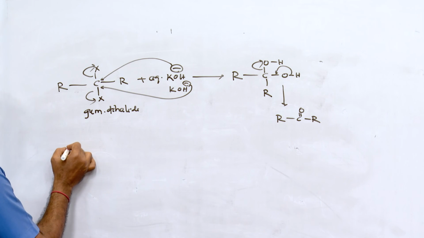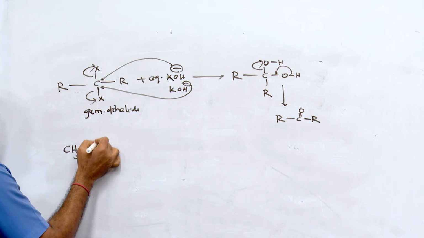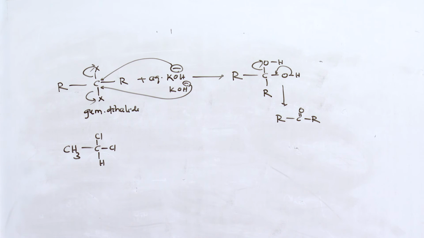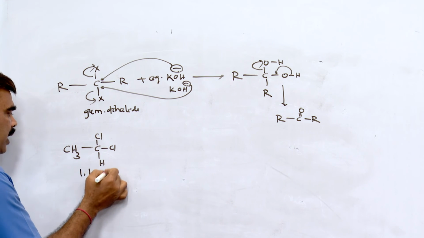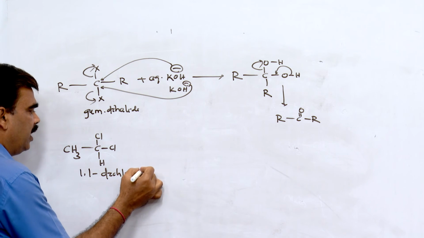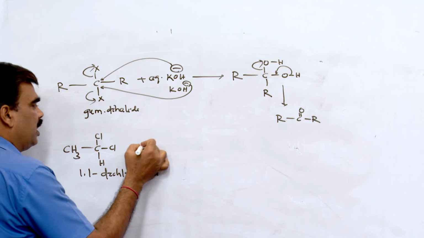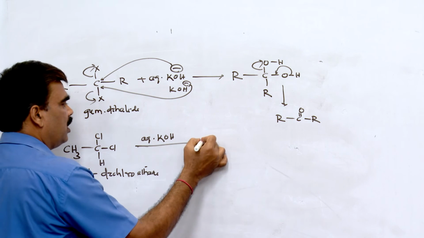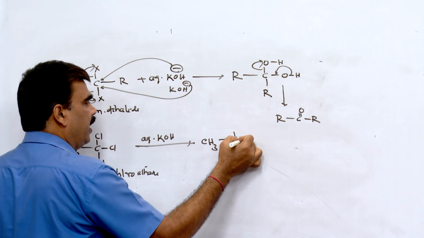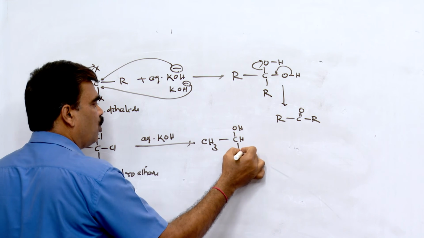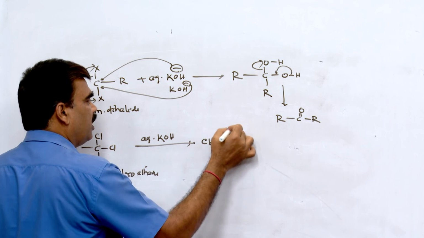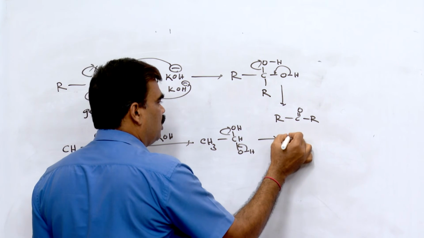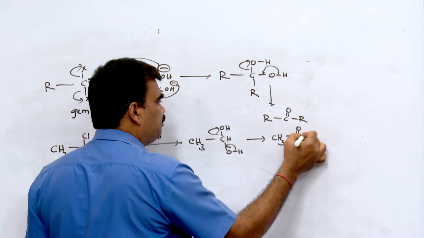Similarly, if you take 1,1-dichloroethane and if you treat it with the aqueous KOH, what will be the product? See, CH3, CH, OH, and this is your OH. So this is unstable, immediately loses a molecule of water and gives you acetaldehyde. So the product is your acetaldehyde.